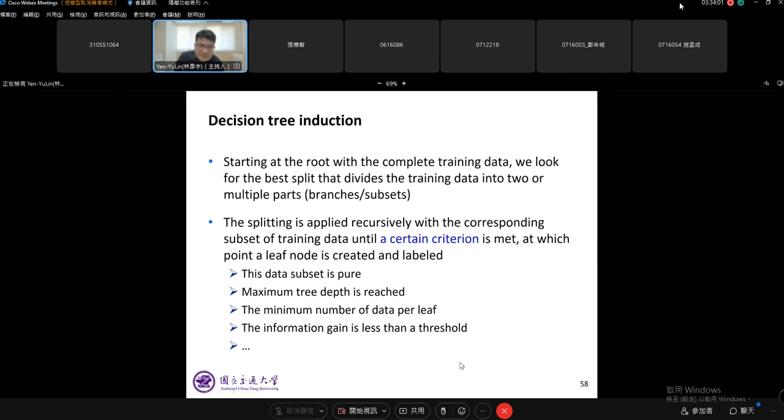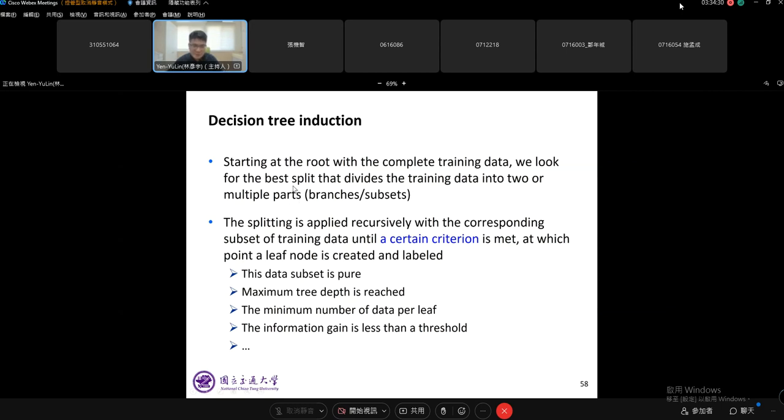Before talking about the tree construction, let's specify some criteria used in tree construction. We say starting at the root with complete training data, we look for the best split that divides the training data into two or multiple parts.